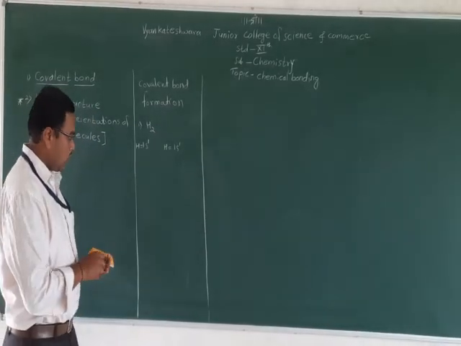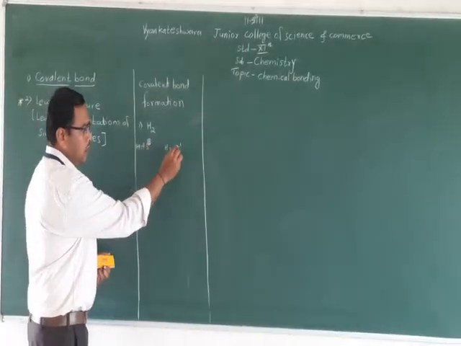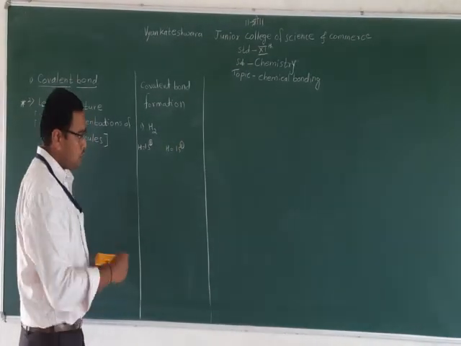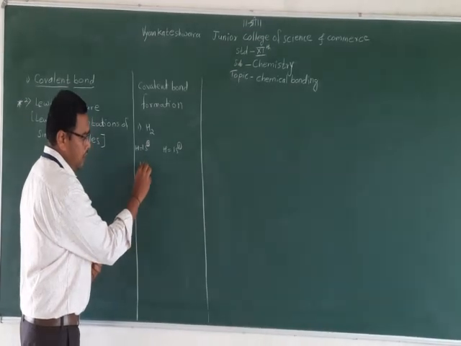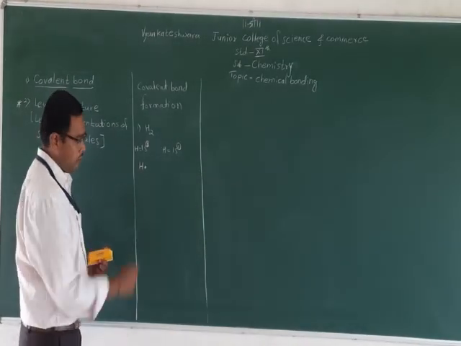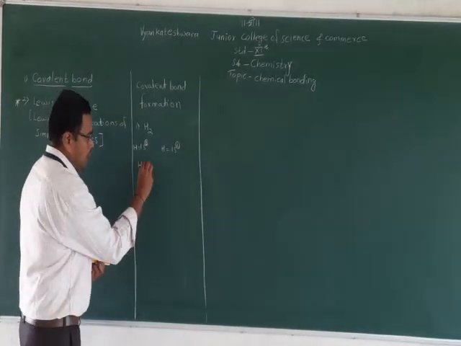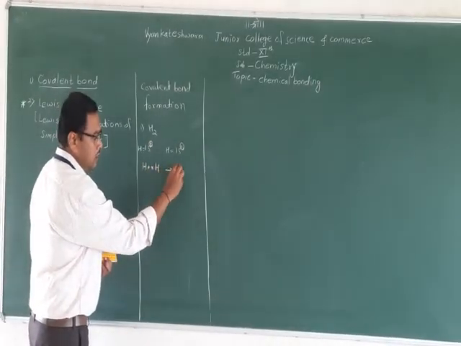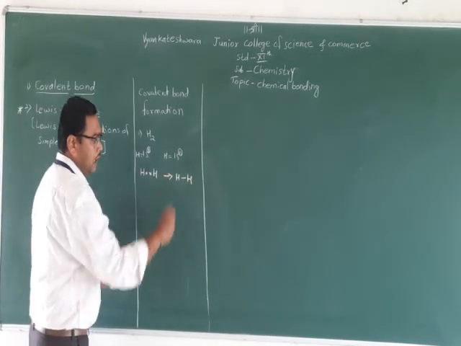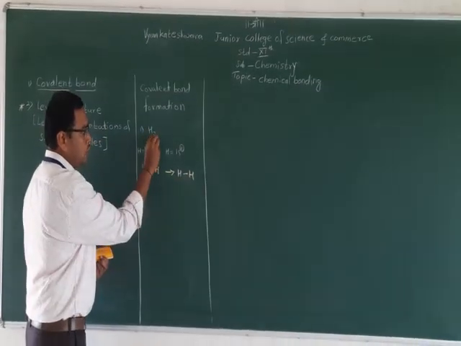Therefore, the outermost orbit contains only one electron. This molecule is represented with a dot meaning the electron of the first hydrogen, and a cross representing the electron of the second hydrogen atom, and it gives H-H, that is the formation of the H2 molecule.